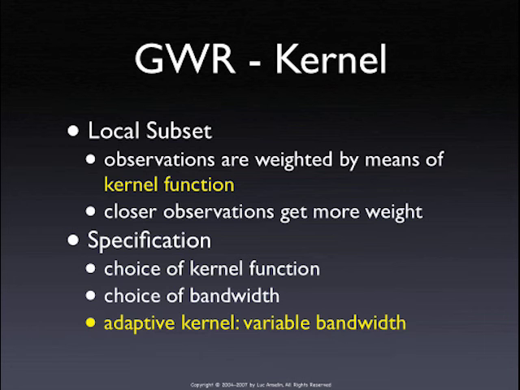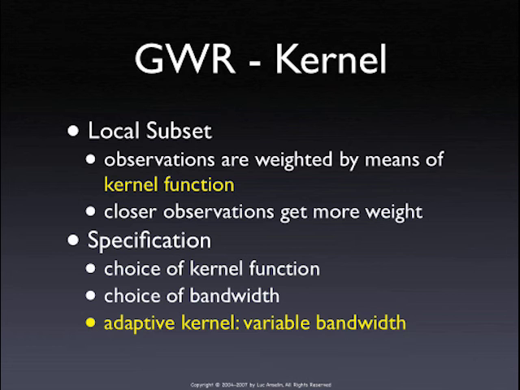So this is an issue one encounters when using GWR. It's always this trade-off between bias and precision. And the problem of the choice of the bandwidth is how we obtain a solution that is a compromise between these two.